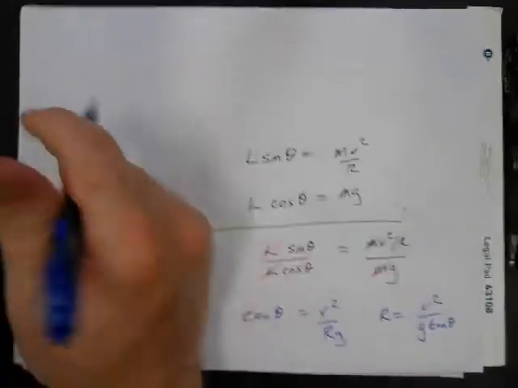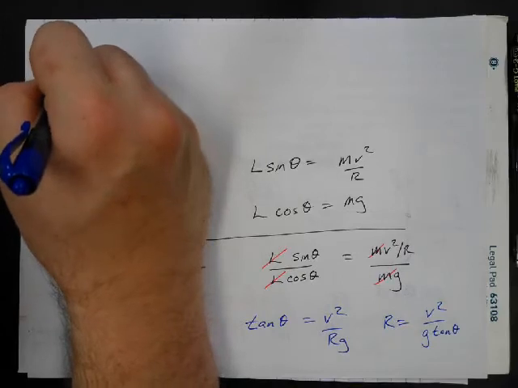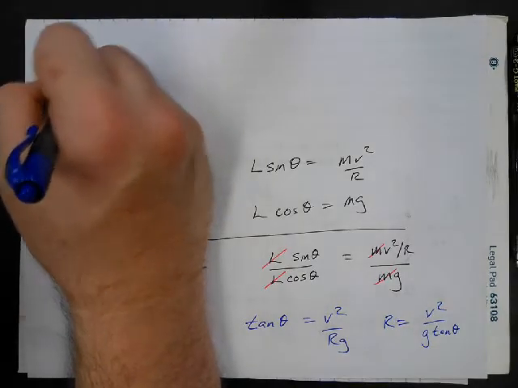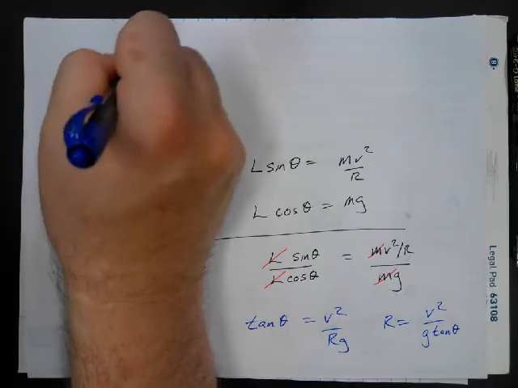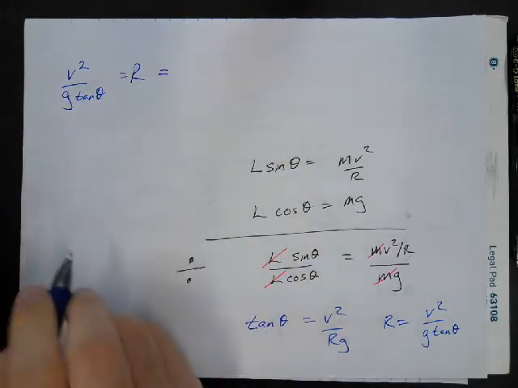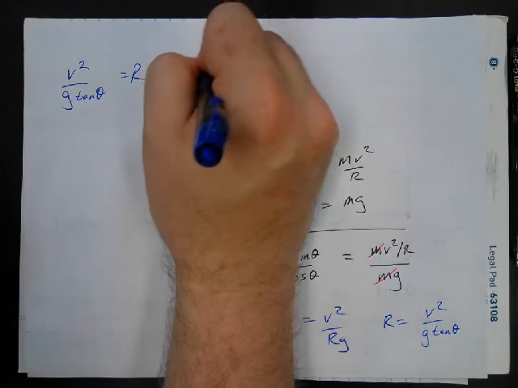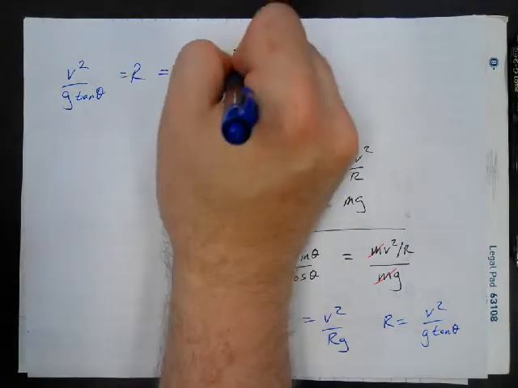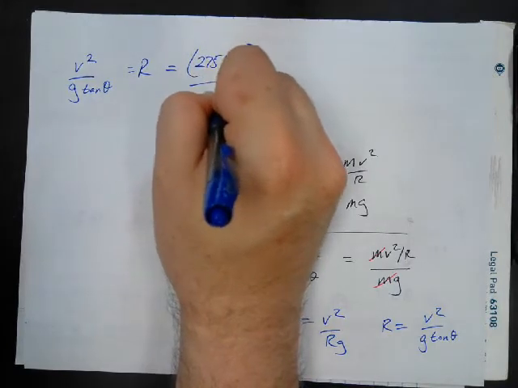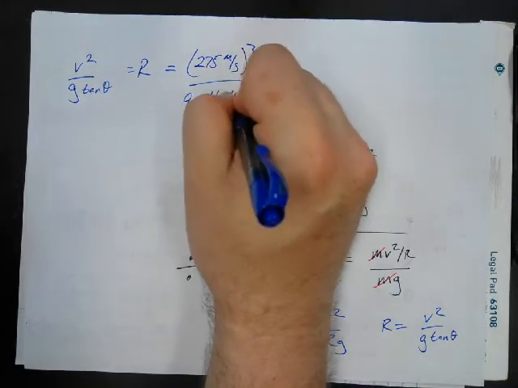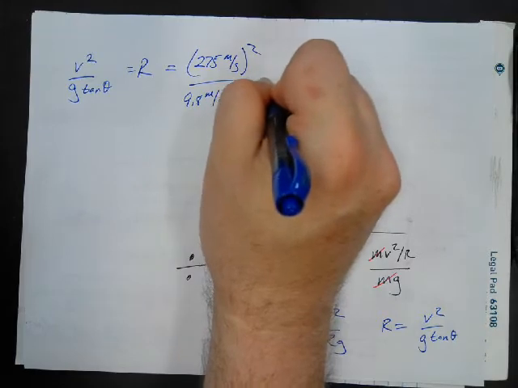I'm running out of space here. So v squared over g tan theta is r, and that equals 275 meters per second squared over 9.8 meters per second squared times tangent of 30 degrees.